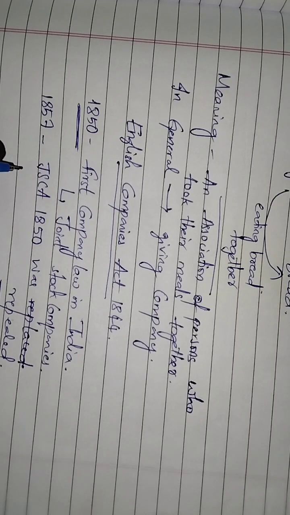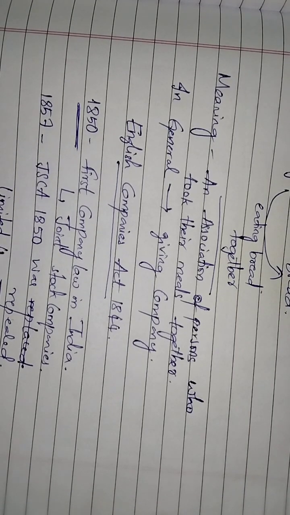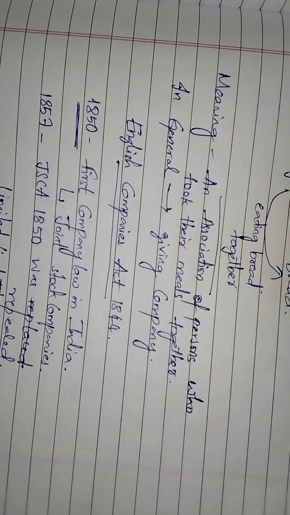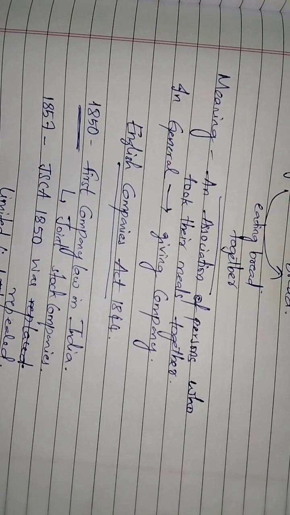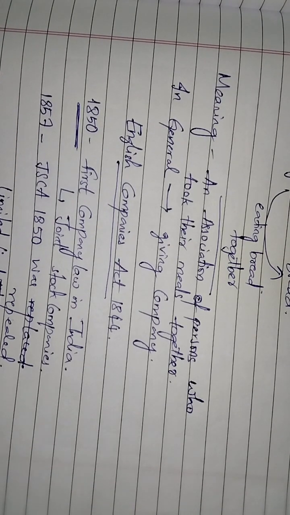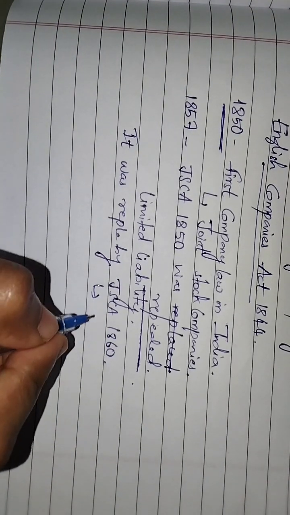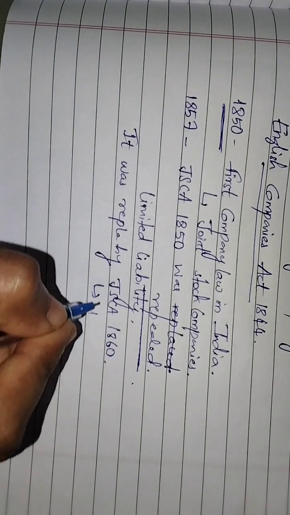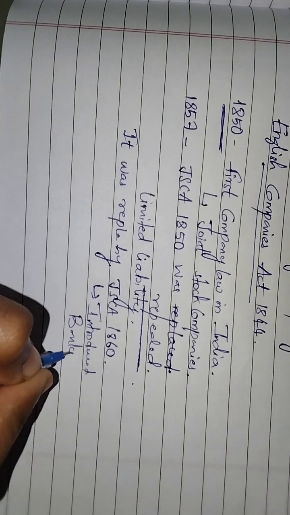For the first time, they introduced the limited liability concept. It was replaced by the JSCA 1860. This introduced banking companies.